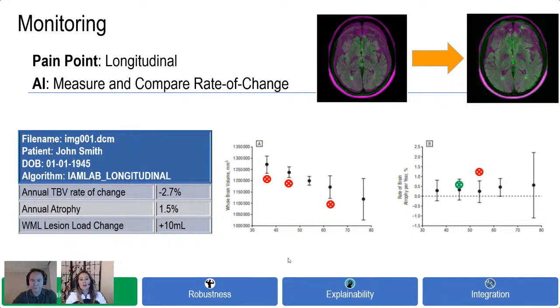And we can compare these measurements objectively to normative curves. This is kind of analogous to the growth model for children. We can actually say, hey, this person is progressing at a faster rate than normal. We think something is going on here.